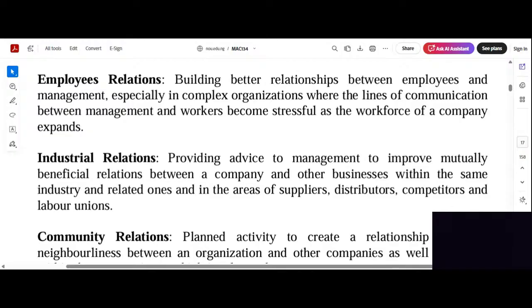Different companies producing maybe similar goods or even related products. So public relations serves as a catalyst to improve the beneficial relationship that exists between companies. That is for industrial relations.